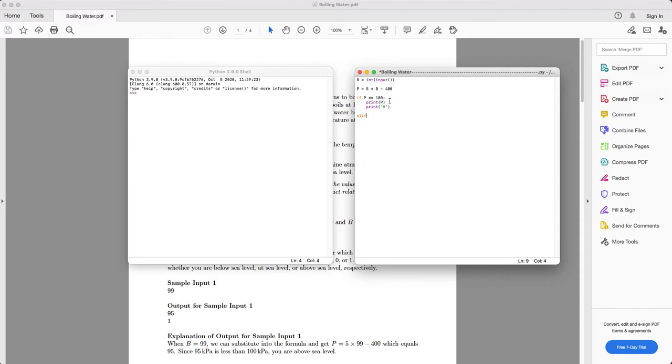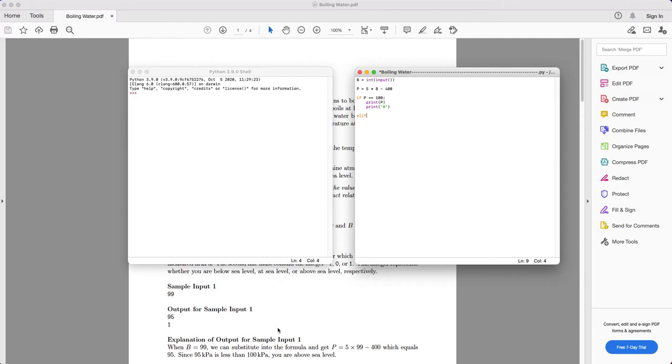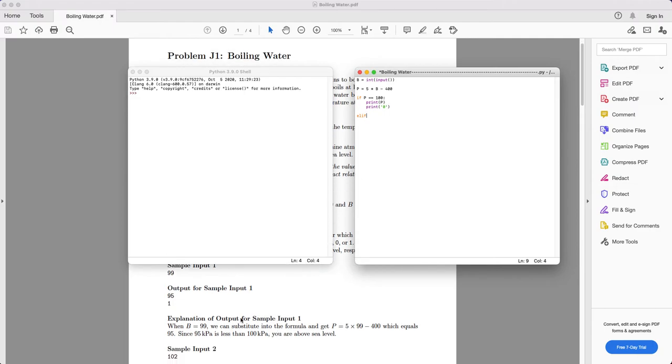We also know that if P is less than 100, as you can see in one of these test cases, if we type in 99 for b, for example, and substitute into the formula, P will equal 95.